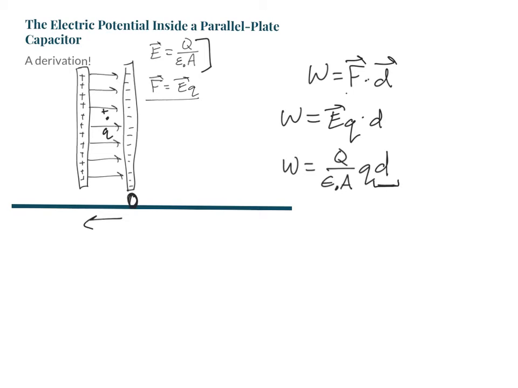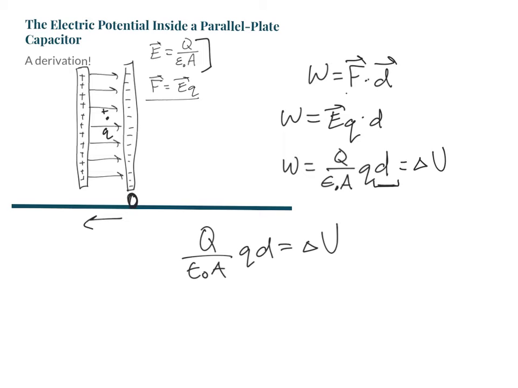So from before, we know that work equals force times distance, which we have computed here. But work is also equal to the change in potential energy. So we can rewrite this equation as Q over epsilon naught A, Q D equals delta U.